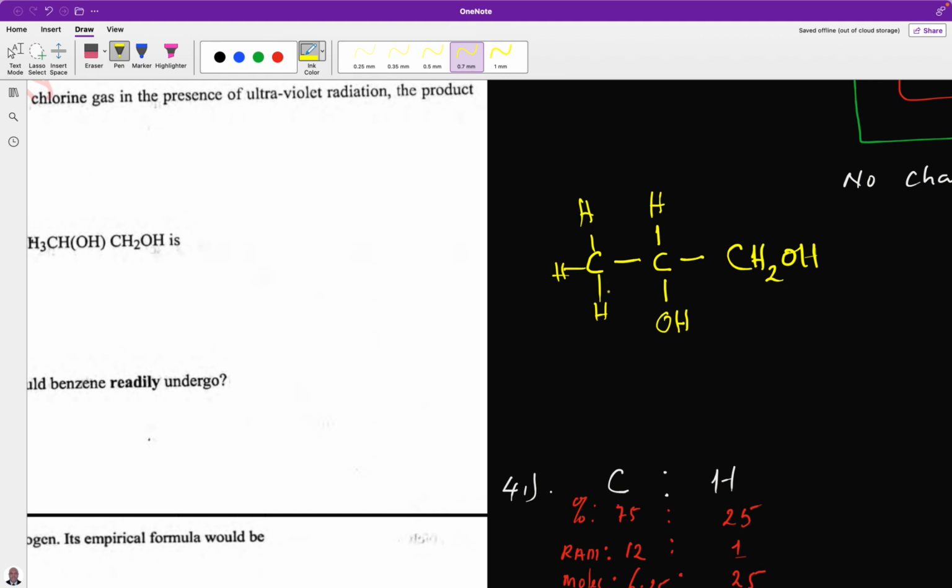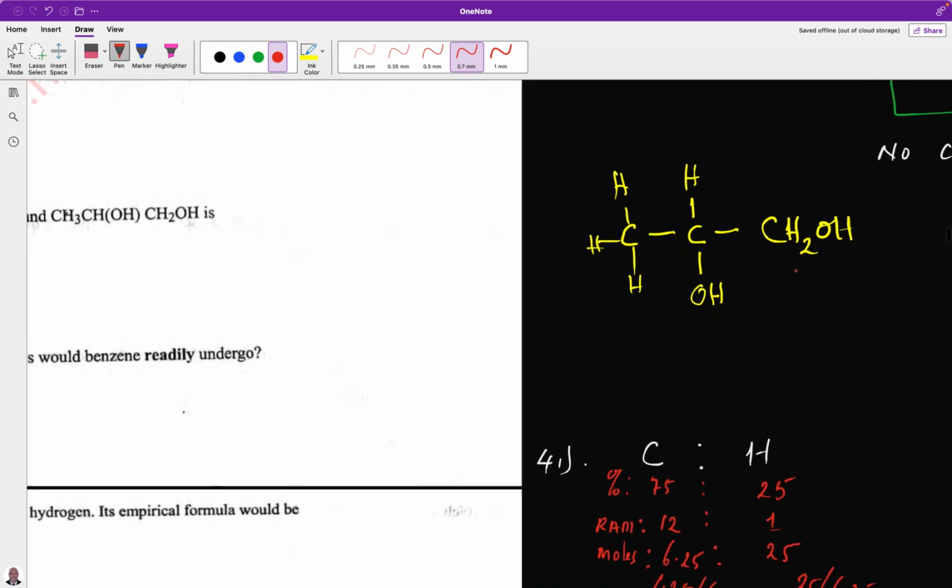That is CH3. Now, according to the IUPAC nomenclature, we start from here, where the functional group is. There are two functional groups there, the same functional group. So it is 1, it is 2, and this is 3.